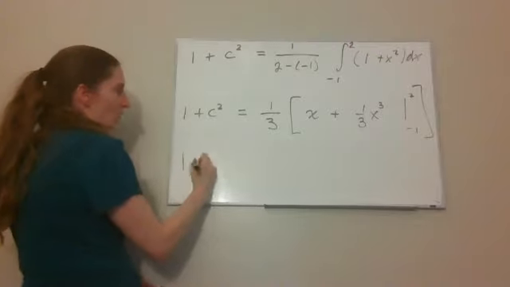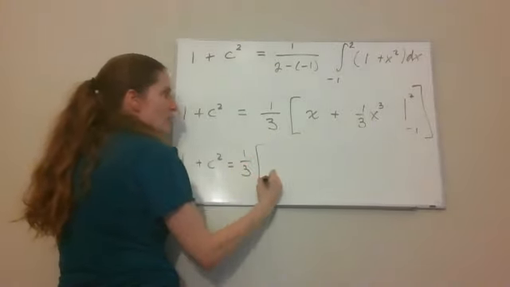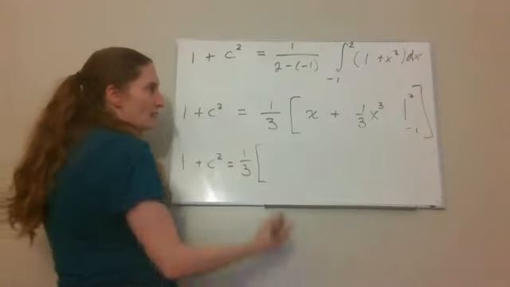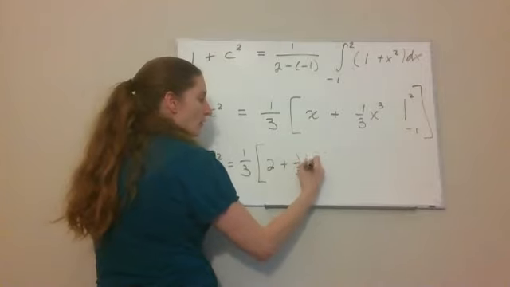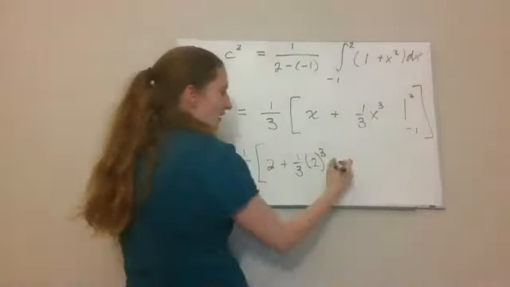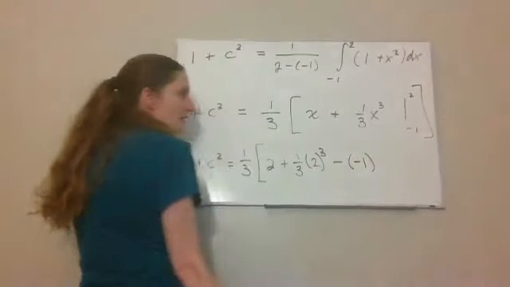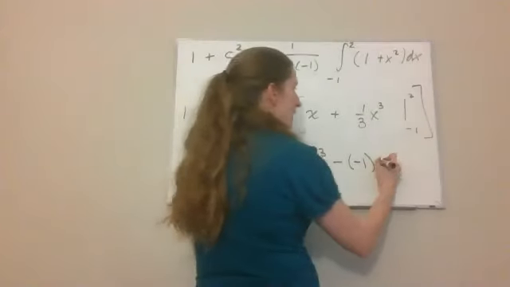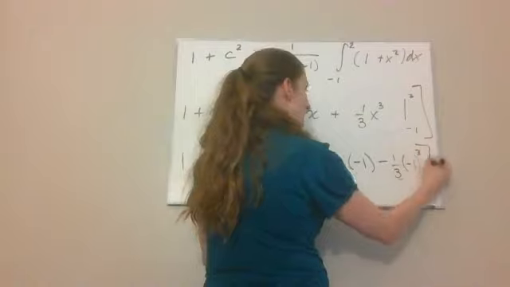So I have 1 plus c squared is equal to 1/3 times what I get when I plug in the 2: 2 plus 1/3 times 2 cubed. And then what I get when I plug in the -1, but I'm subtracting that. So minus, -1 minus 1/3 times -1 to the third.